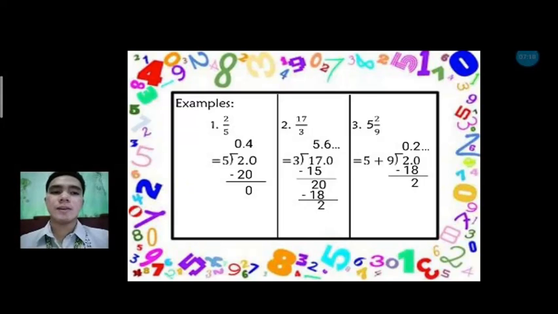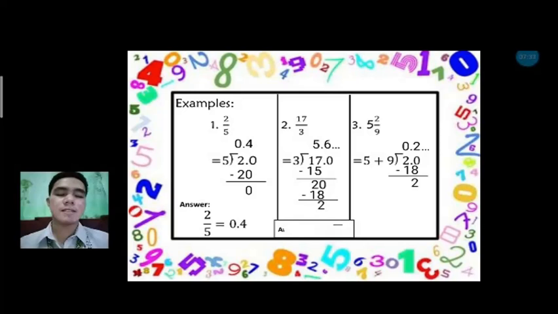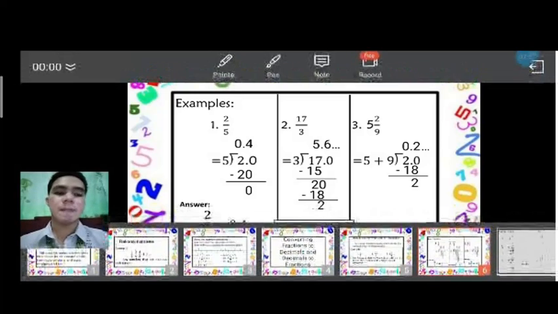Now we subtract 20 minus 20, which is 0, so we don't have any remaining value. Our answer will be 0.4. Take note that the decimal point should be aligned. Our answer for number 1 is 0.4.